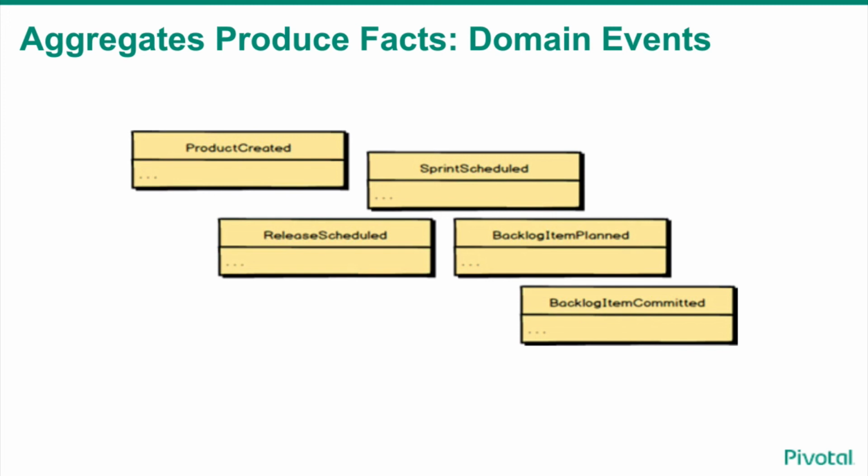The product created event is another kind of domain event. Sprint scheduled, release scheduled, backlog item planned. These are other kinds of domain events that are published as facts out of certain aggregates.